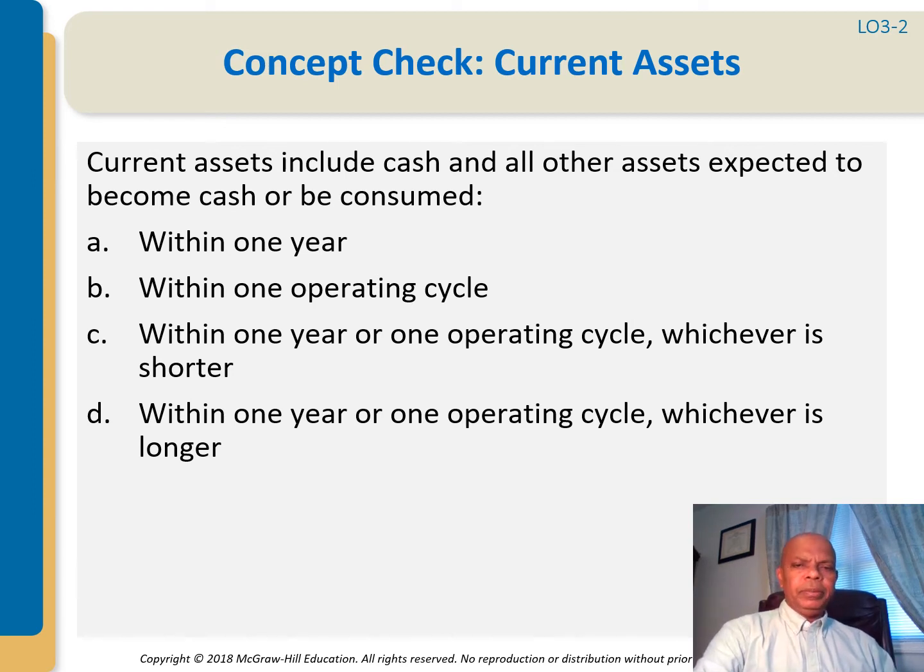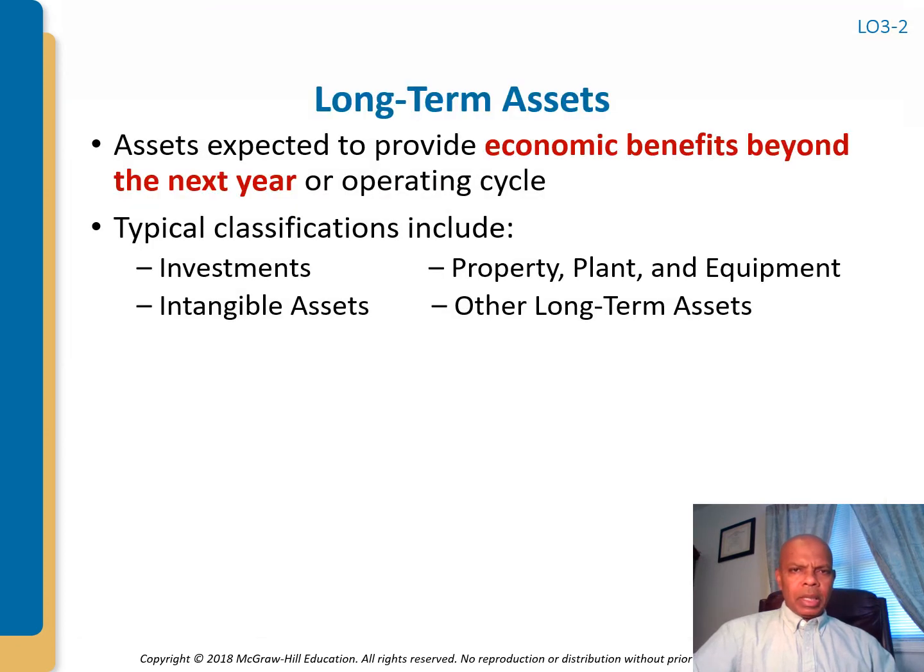What did we learn? Assets that are expected to become cash or be consumed within 1 year or 1 operating cycle, whichever is longer, are considered current assets. All right, let's take a look at the next one.